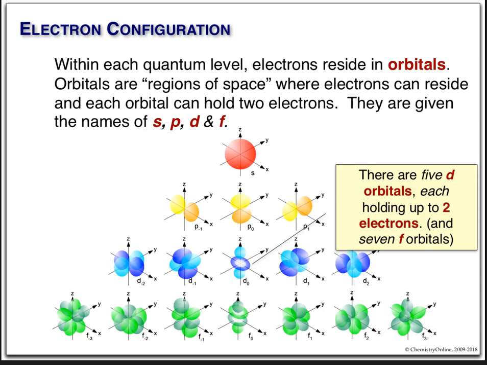So in our d orbital, we can hold 2, 4, 6, 8, 10 total. F's are even more interesting. There are 7 of these guys, and they have very interesting geometries. In this course, we're going to stick to S and P. Pretty simple. Any questions?